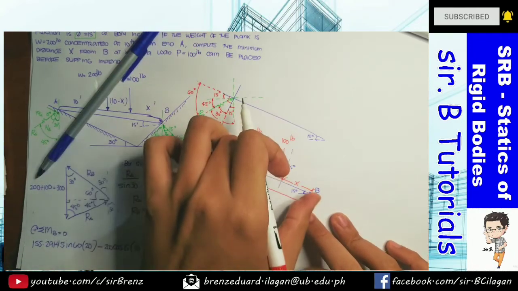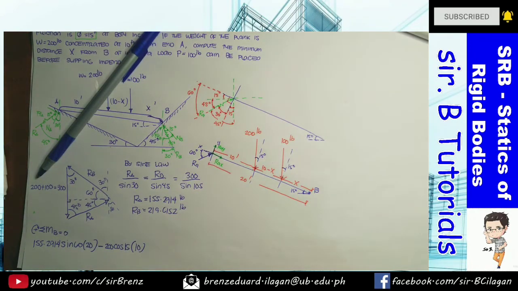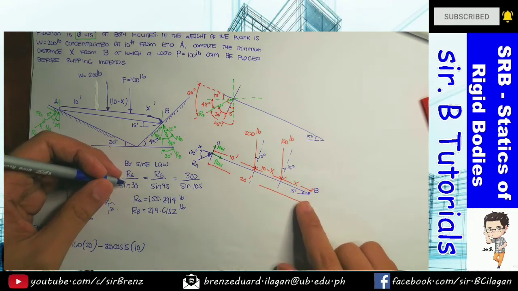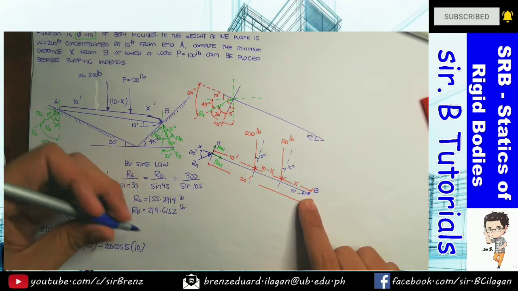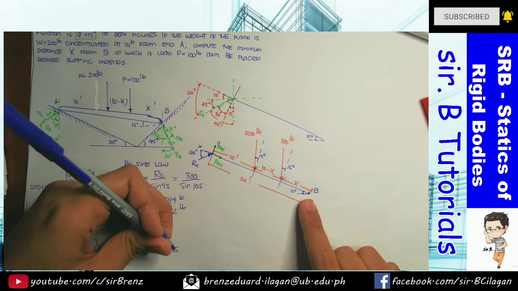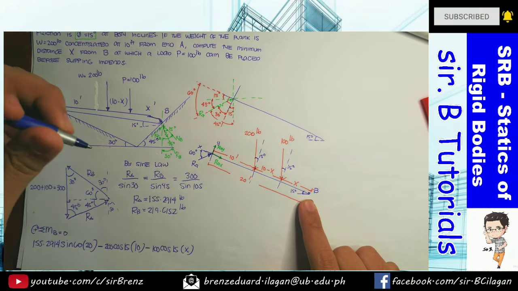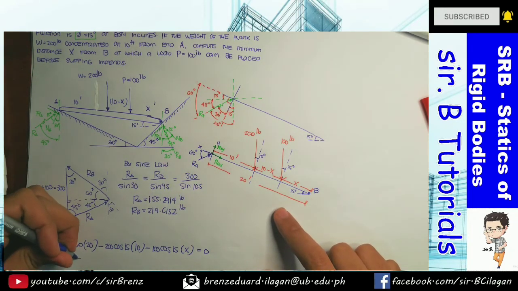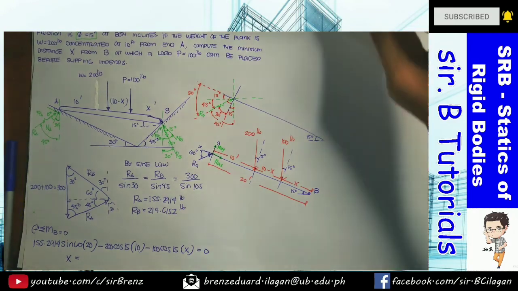So, kung 10 to, 10 din to. Bale 10 minus x. And then minus 100 of cosine 15 multiplied by the distance of x. So, equals to 0. Okay, so with that, mahanap natin yung value ng x.